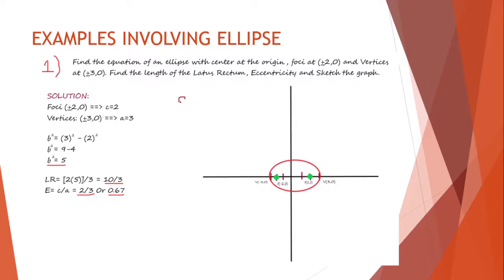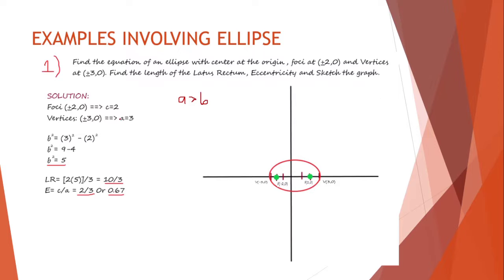Where a is greater than b, based on the equation. Now, the vertices are positive and negative 3, 0, so we have 3. Next, by finding b, we have this.